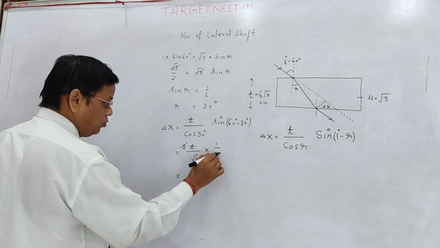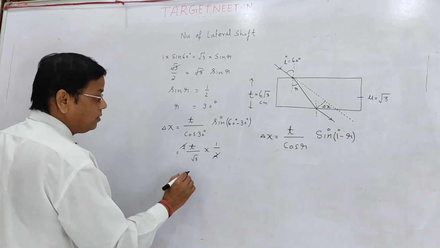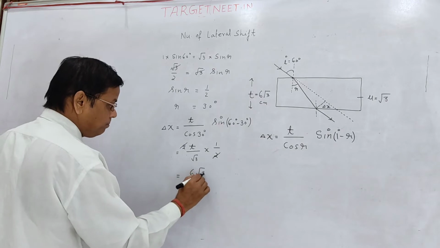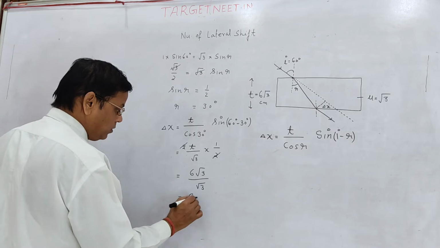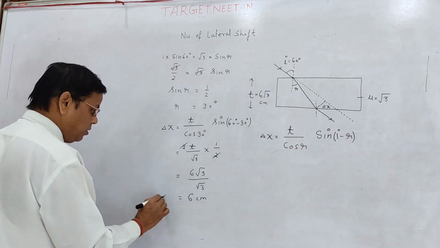So the 2s cancel. So it is t, that is 6√3, divided by √3. So it is 6 centimeter. So this is the lateral shift.